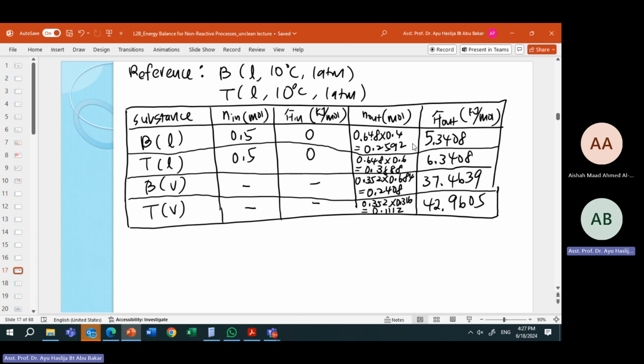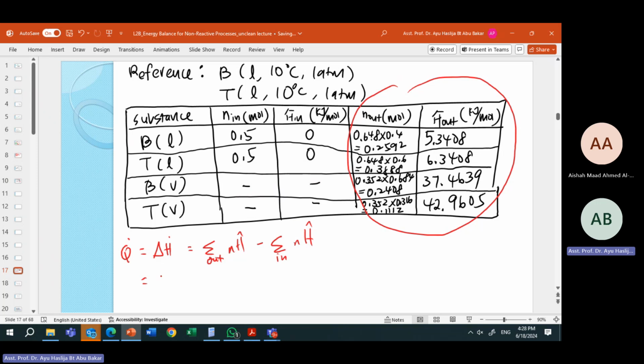Okay, so from here, what you need to do is sum up all together. So the Q equals delta H dot, which involves the N inlet and outlet. Substitute in all the values for the outlet part.